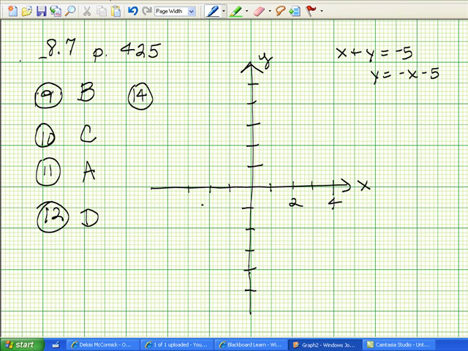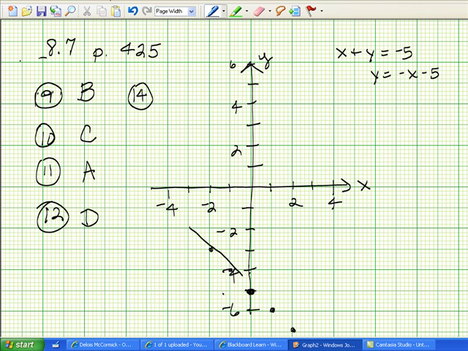That would be 6 up there. -2, -4, -6. So -5. And then we want to go down 1 and to the right 1. Down 1 and to the right 1. So we go like that. Okay, I didn't do a very good job of staying on the dots.